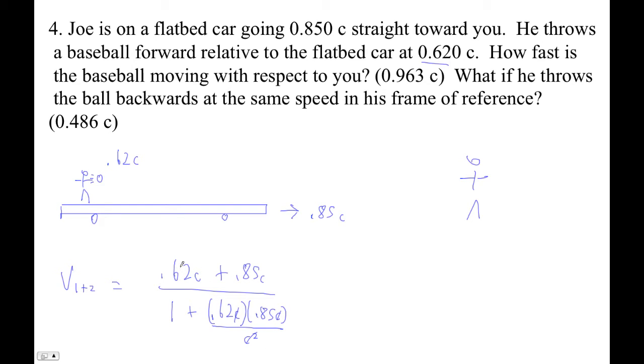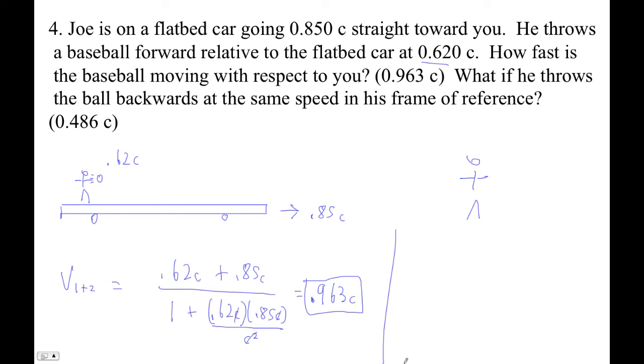The C's in the top don't cancel out, just as well; it's got to have some actual units of speed there. So (0.62 plus 0.85) divided by (1 plus 0.62 times 0.85). And I get 0.963 C.